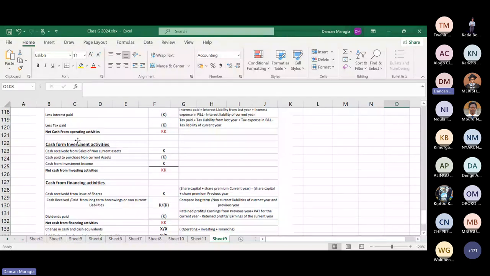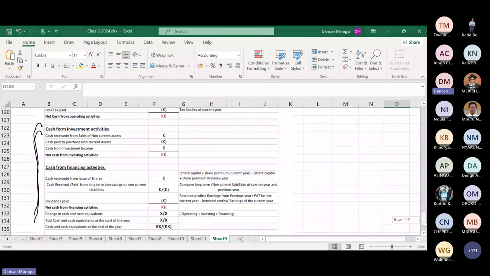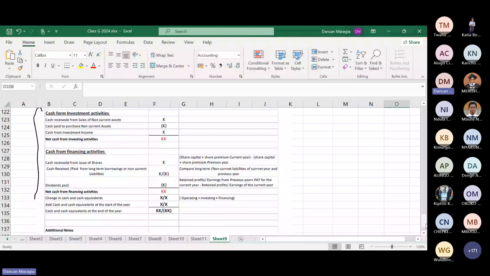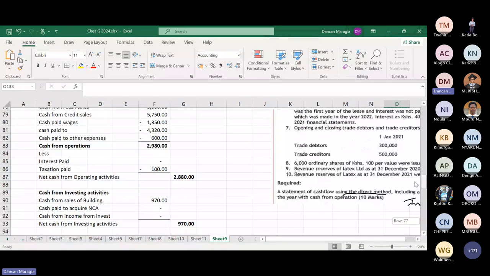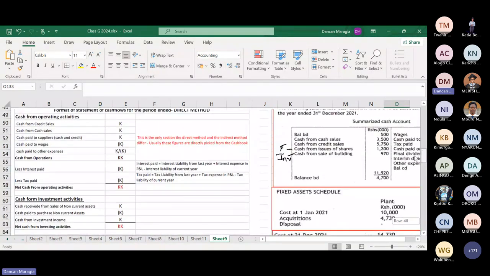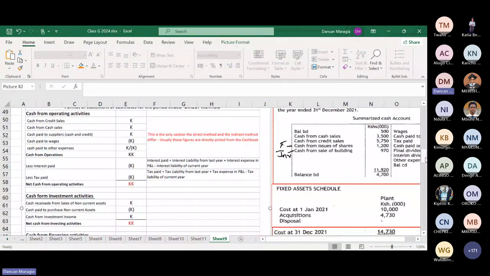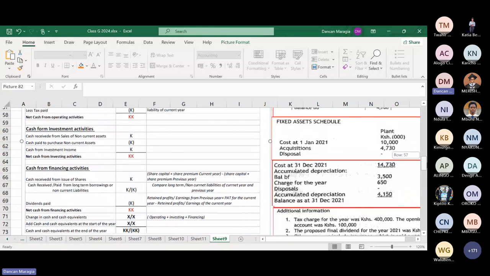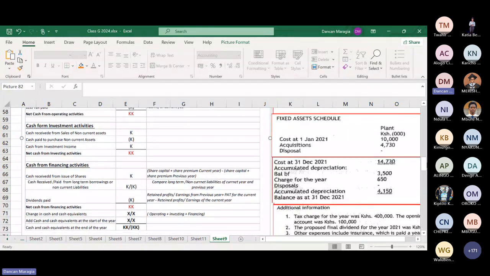Under the indirect method and direct method these will remain the same, but I'm going to explain how you could calculate when you are not given figures. I'm going to explain how we get these figures generally.